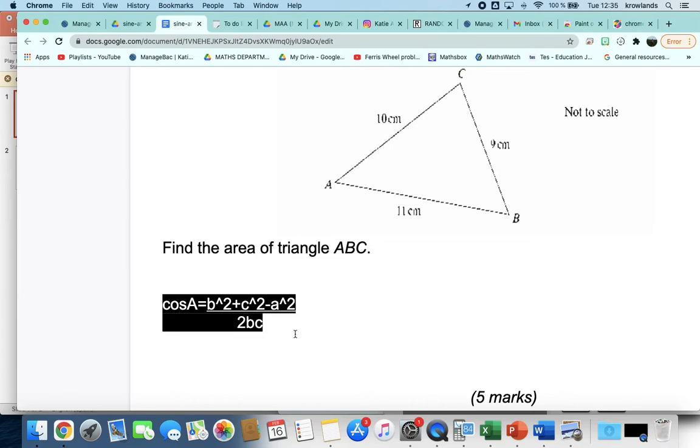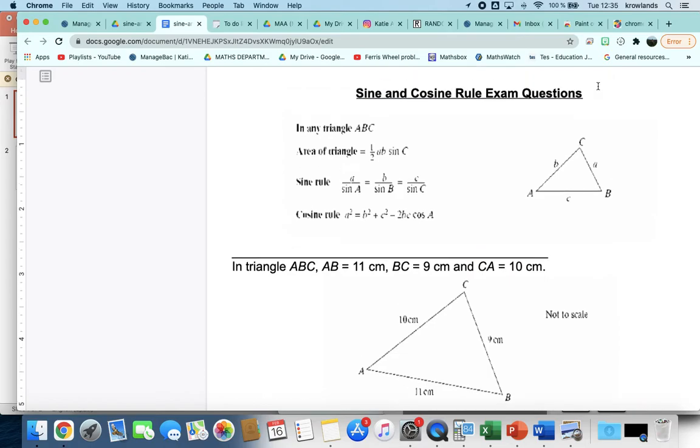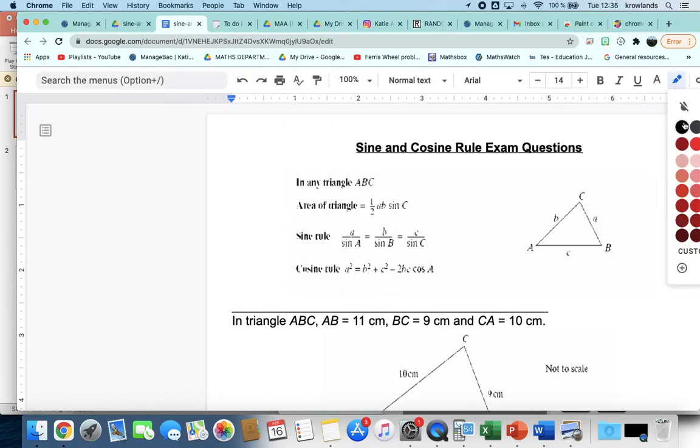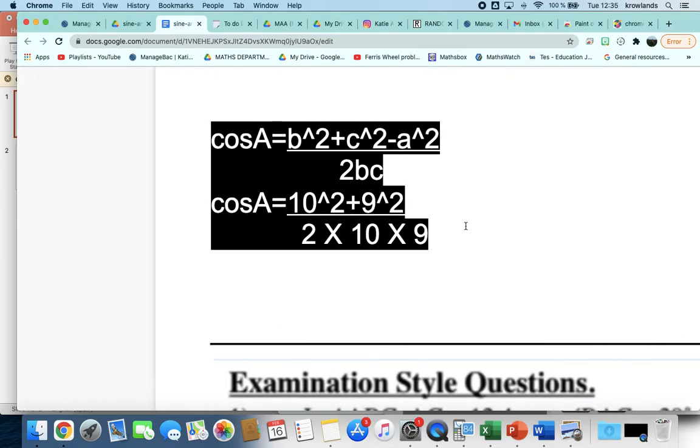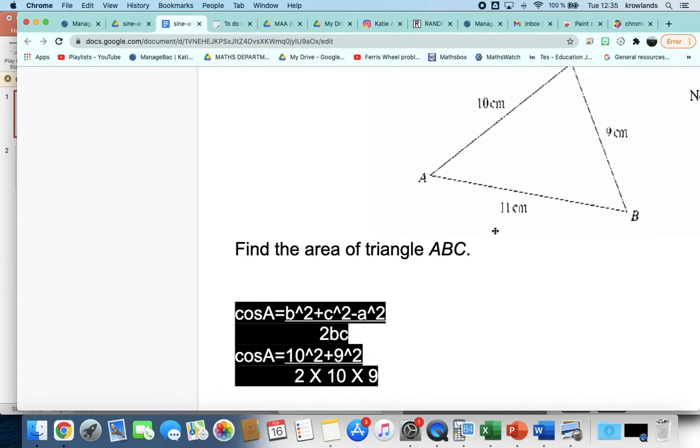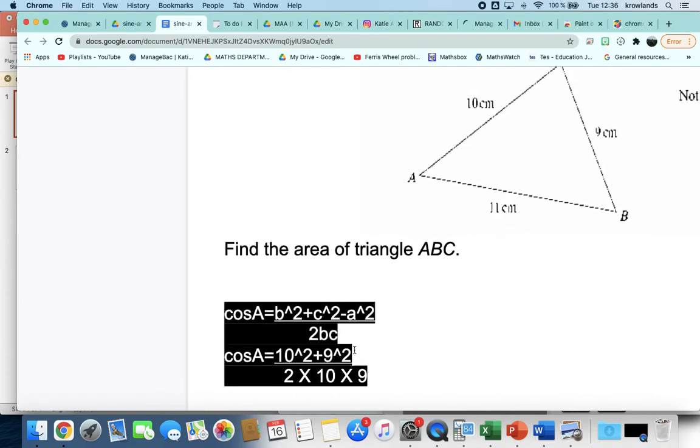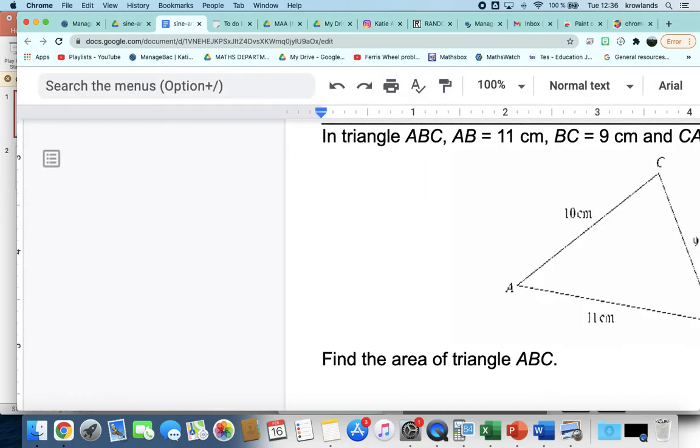Now you might notice there's something missing from our working out, and you might want to pause the video and think about what's missing in about 3 seconds when you can see the screen. Excellent, welcome back. Remember, we need to minus the a squared, and in our actual problem our a squared was going to be our 11, so we're going to minus 11 squared.